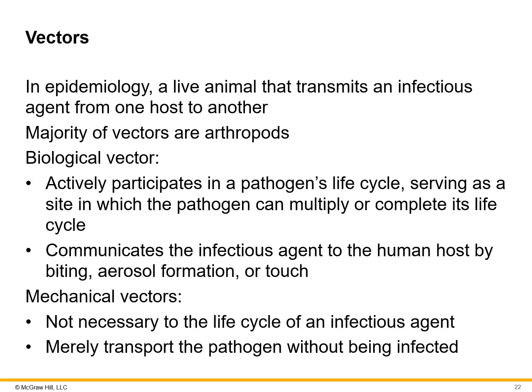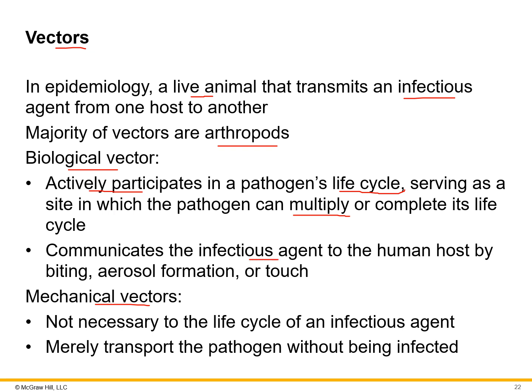And then the term vector. In epidemiology, a live animal that transmits an infectious agent is called a vector. The majority of them are arthropods, like the fleas and the ticks. Then we have biological vectors versus mechanical. The difference is kind of intuitive, but with biological, they're actively participating in the life cycle. They're a site where the pathogen can multiply or complete its life cycle.